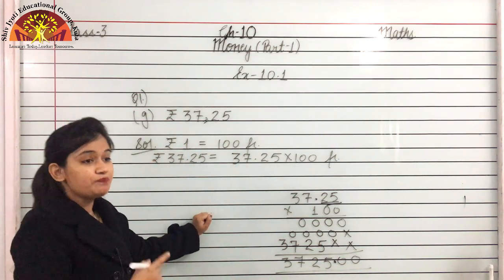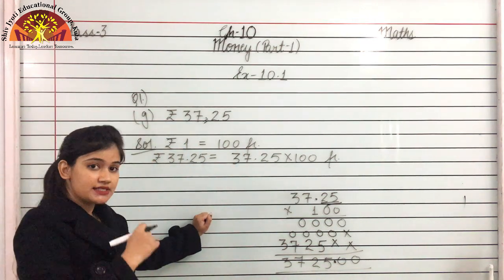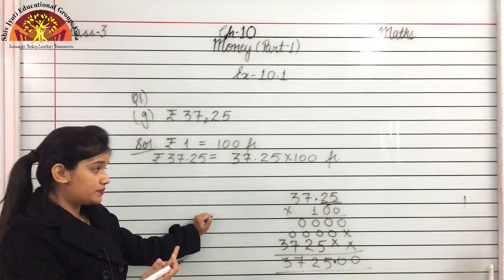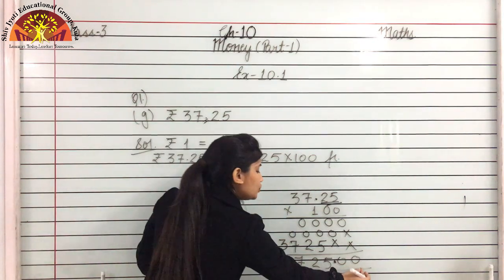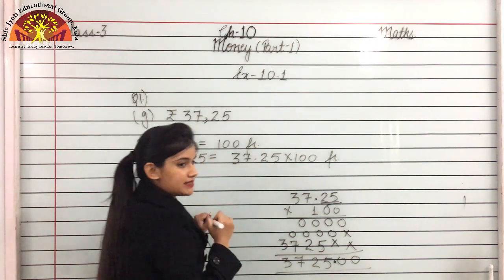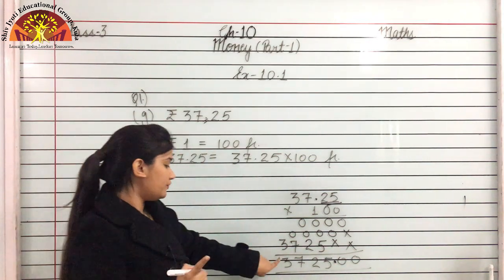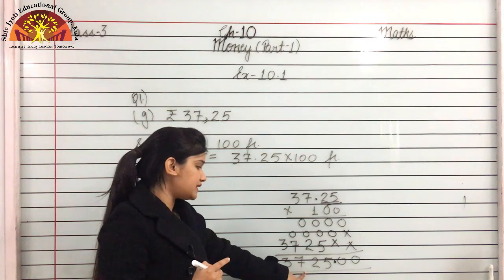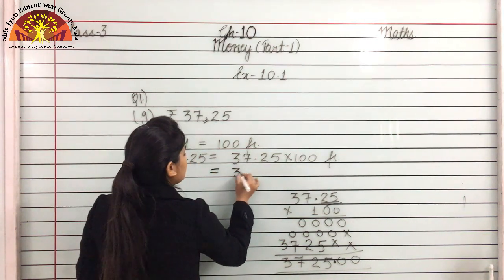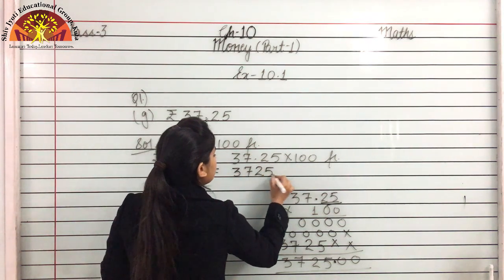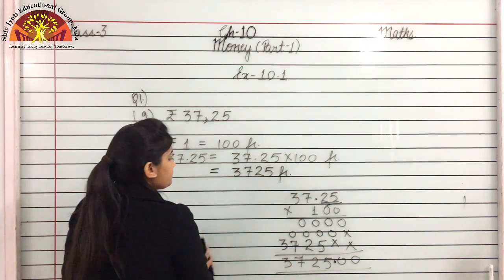In this question we have 2 digits, right? So in the answer also we'll count 2 digits and we have to put a decimal. Now what is the final answer? The final answer is 37.25, or 3,725 paise. Okay.